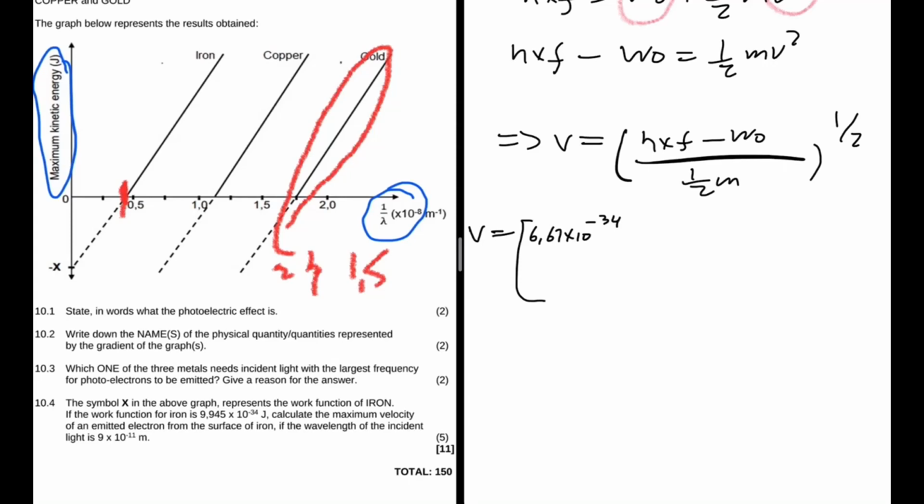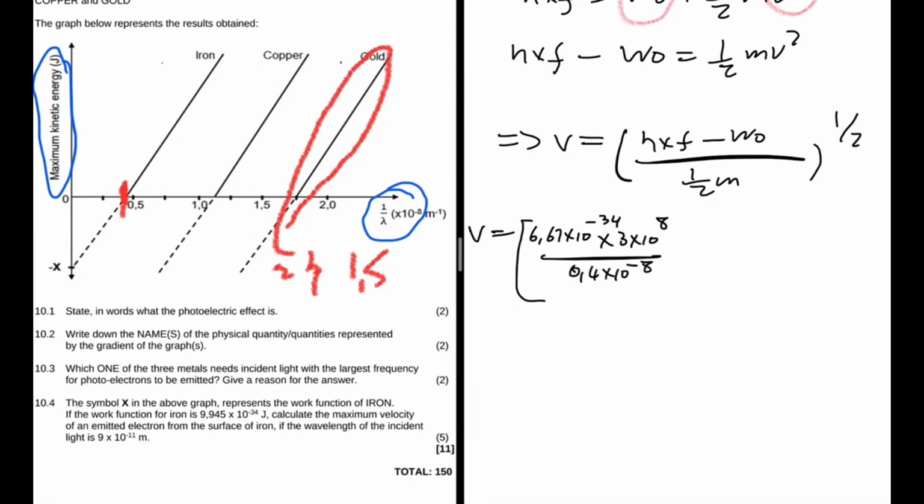So let's estimate that value to be 0.4 because we're not really sure what it is. So here we can have multiplied by the speed of light, which is 3 multiplied by 10 to the power 8 divided by 0.4 times 10 to the minus 8.